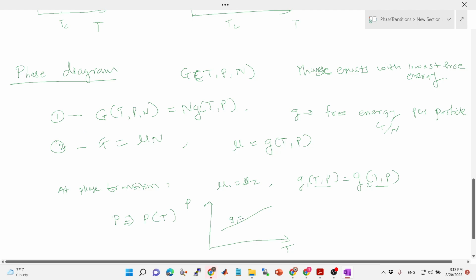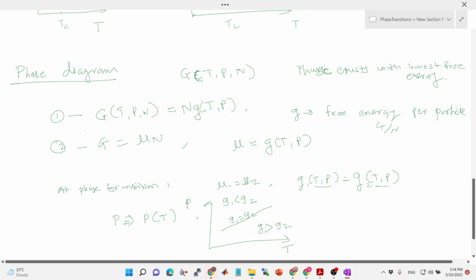On this curve g1 should be equal to g2, and below this g1 is greater than g2, and above this g1 is less than g2. Wherever you have g1 equal to g2, the two phases can coexist along this curve of pressure being a function of temperature.